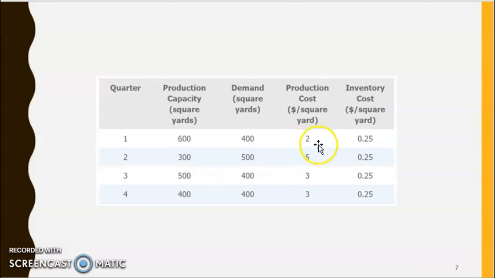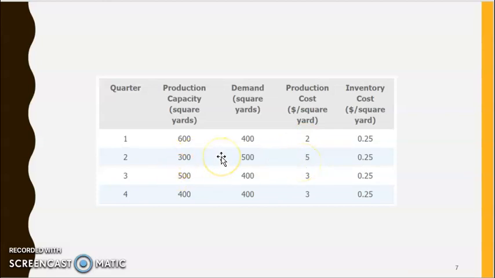The production cost at the first quarter is very cheap, but the production cost at the second quarter is 5. So most probably when we solve the model that we will do in the classwork, you will find that the capacity for the first quarter is going to get completely consumed because it is cheap, but the second quarter is expensive.